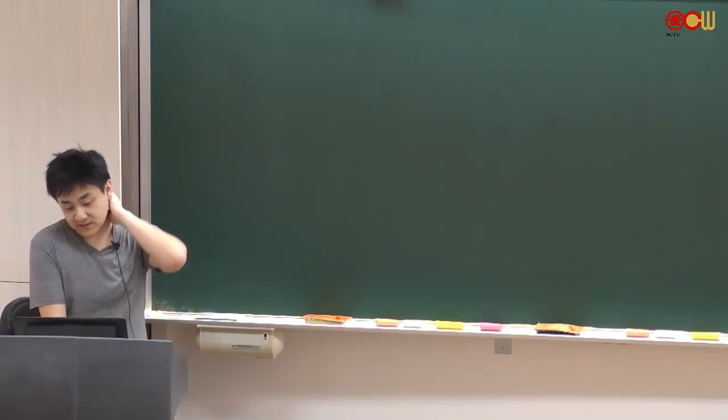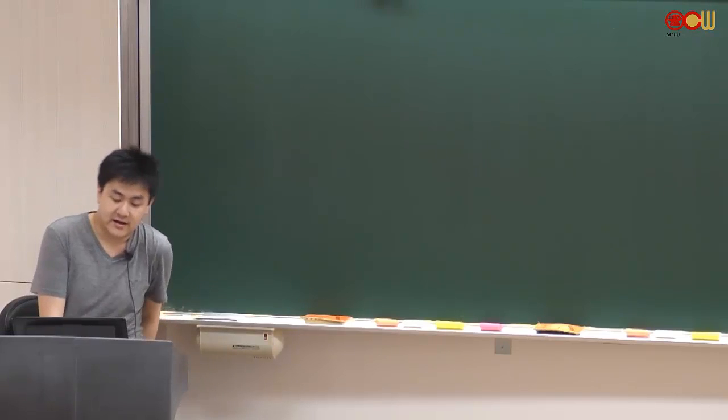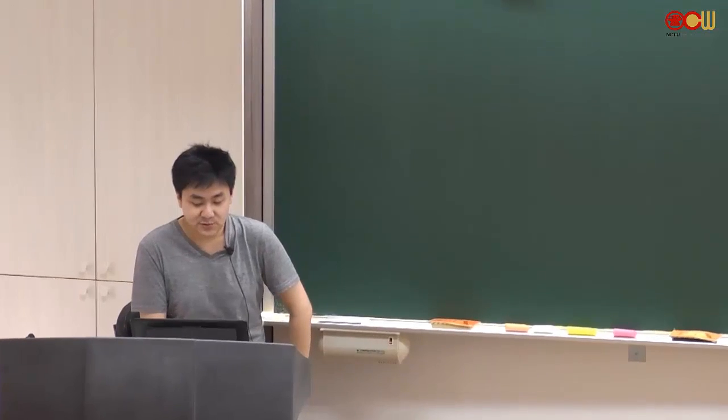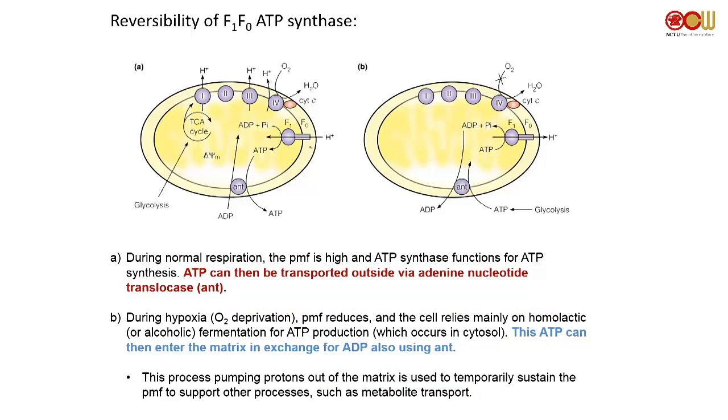So, the reversibility of your F1, F0 ATP synthase. If you look at the two pictures on the top, in the first picture in A, this is the normal respiration chain, the normal electron transfer chain, where you generate your proton gradient because you have O2 here.